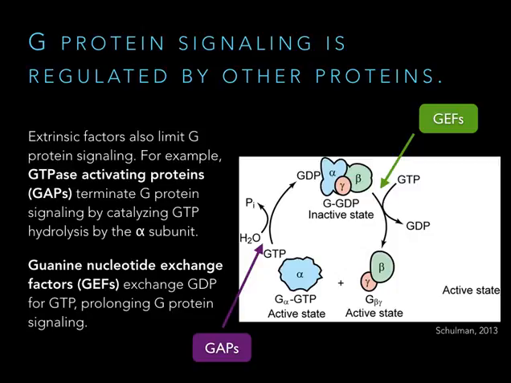So a GAP will turn off the alpha subunit. GEFs, on the other hand, the guanine nucleotide exchange factors, facilitate the exchange of GDP for GTP. So a GEF will help the alpha subunit swap out the used low energy GDP in place of a higher energy GTP. So GEFs will turn on G proteins, whereas GAPs turn them off.